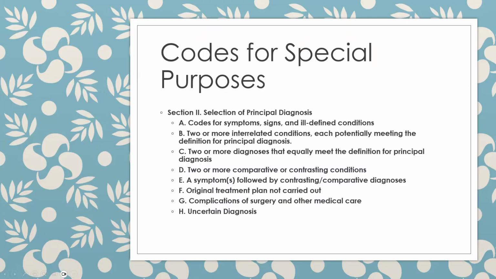So for section 2, selection of a principal diagnosis. The circumstances of inpatient admission always govern the selection of principal diagnosis. The principal diagnosis is defined in the Uniform Hospital Discharge Dataset, or UHDDS, as that condition established after study to be chiefly responsible for occasioning the admission of the patient to the hospital for care.